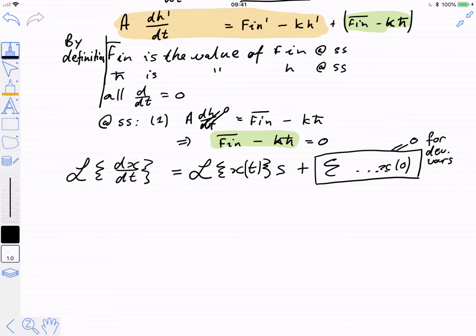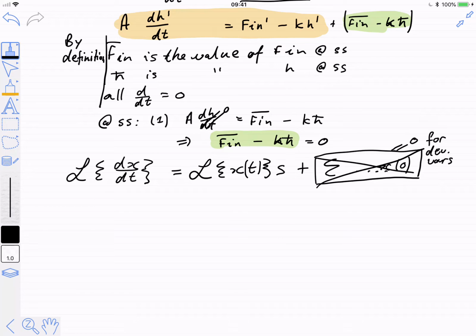And in fact, this property is effectively the only reason why you ever want to use deviation variables when you're working with the Laplace transform. But it is an incredibly useful property because it allows us to ignore all of these additional constants. So for a relatively straightforward procedure, we get quite a large gain, which is that this term effectively always disappears.